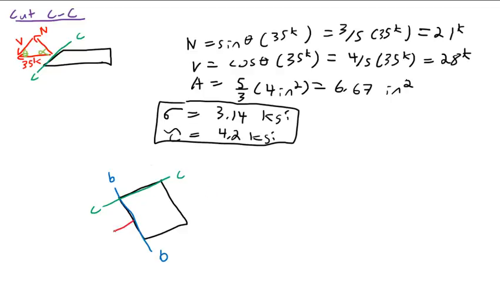So I'll have 5.6 ksi here. Wait, yeah, that's fine. 5.6 ksi and 5.6 ksi. I will have the 3.14 ksi, the normal stress from cut CC, 3.14 ksi, and 3.14 ksi.